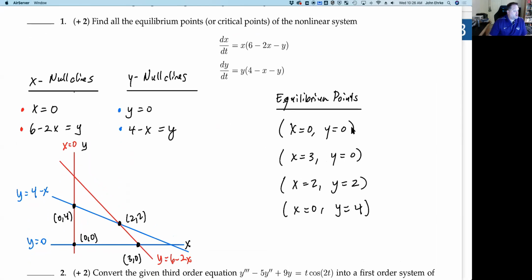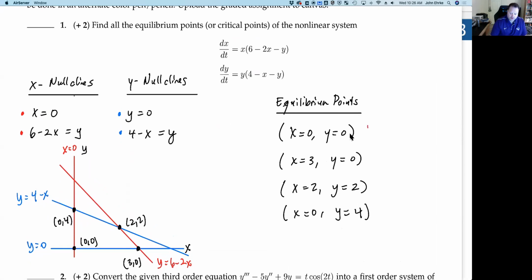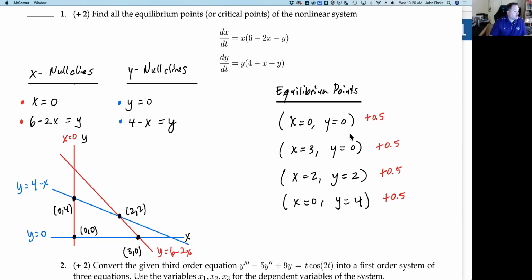What I will suggest is that you give yourself a half point for each of the equilibrium points that you found. Now, you do not have to have shown me the graph. I just did the graph to reinforce some of the topics we discussed in class. So a half point for each of the equilibrium points.